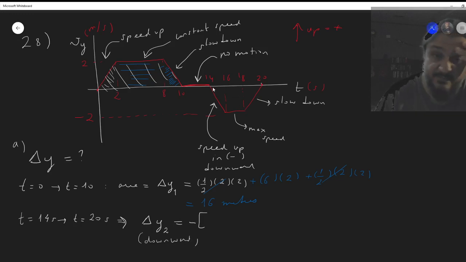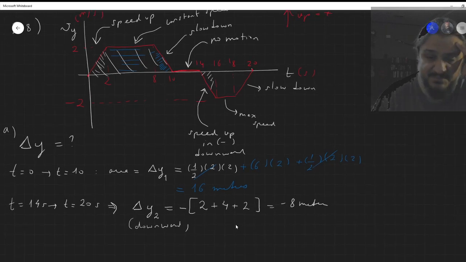Okay, again, I have a triangle here. 2 times 2 divided by 2, 2. 16 to 18, 2 times 2, 4. Plus 18 to 20, 2 seconds. 2 times 2 divided by 2, 2. So 2 plus 4, 6 plus 2, 8. This is negative 8 meters.